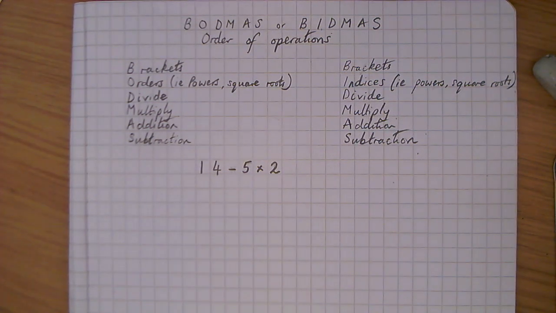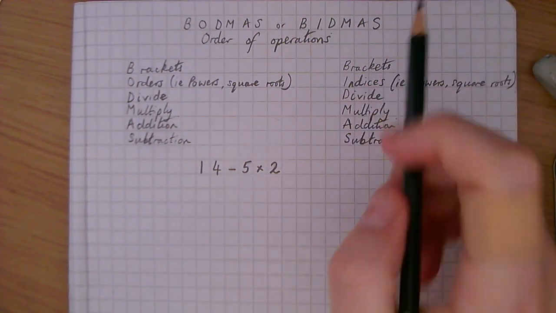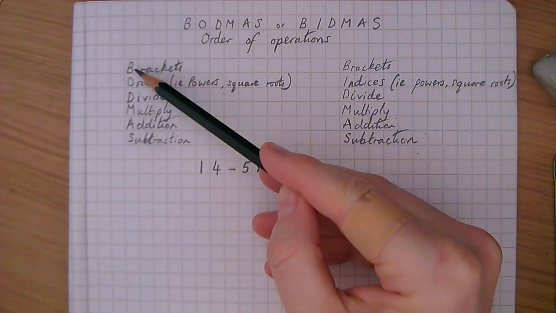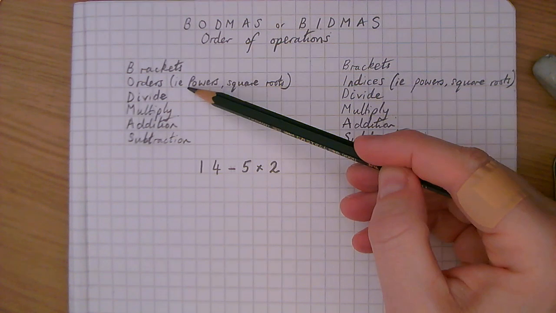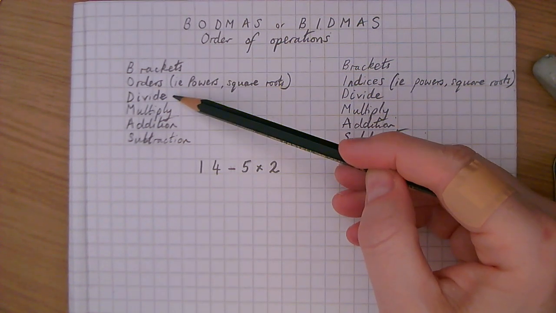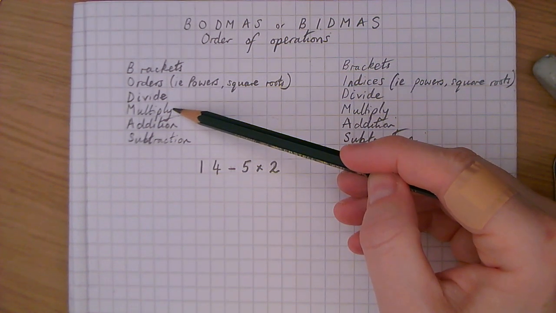So let's have a look at an example. We've got 14 subtract 5 times by 2. Let's use the BODMAS one, and we go down and there's no brackets. There's no squared numbers, there's no divide, but there is multiply.